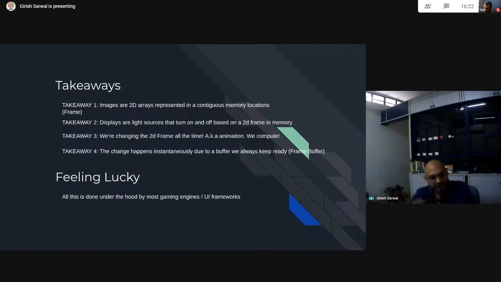The good part is that all of this today is done under the hood by most gaming engines and most UI frameworks. So when you're making a game with Unity, all of this is being done for you in the background. However, it is good to know that things work like that, because that gives you an understanding of what's happening under the hood. You don't really have to worry about how to wire this up.